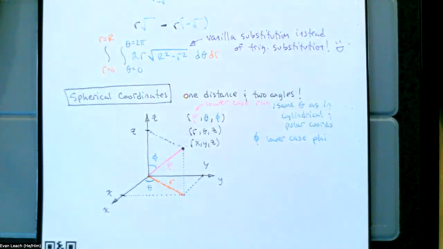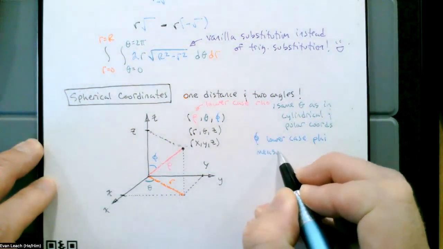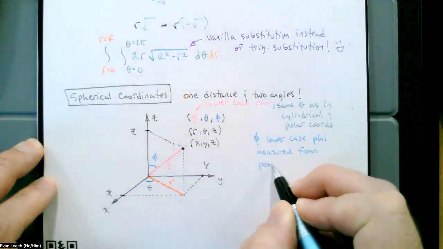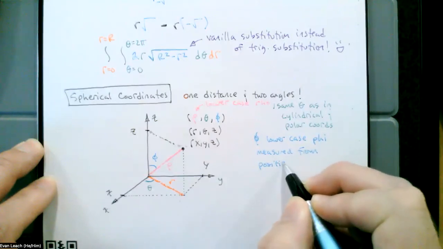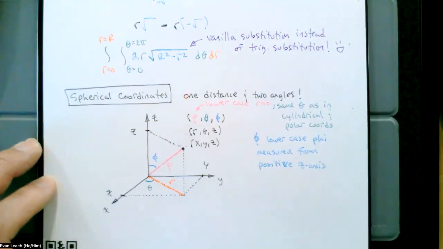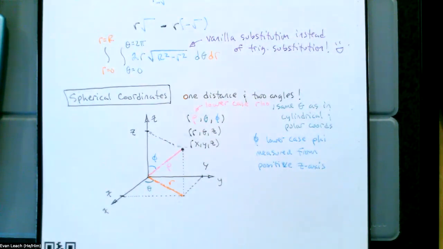So this is the angle measured from the positive z-axis. So I got one distance and two angles.